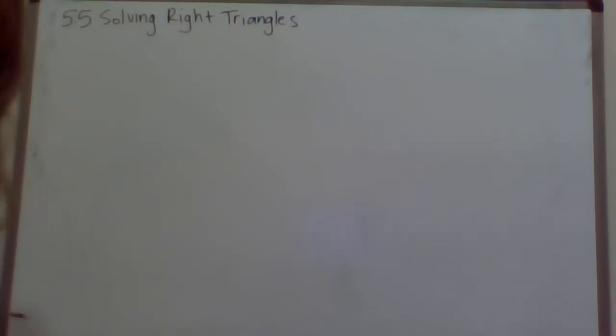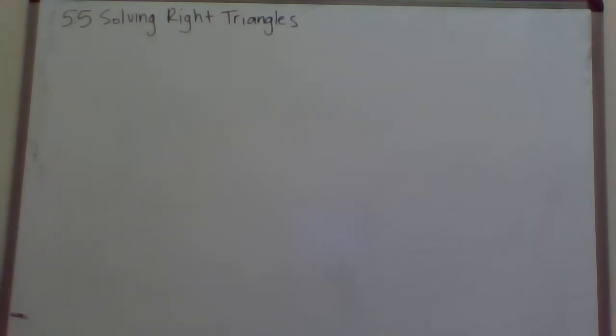Section 5.5 focuses on solving right triangles. Now, we were just doing that. The only difference between pretty much 5.4 and 5.5 is 5.4 focuses on solving strictly for different side lengths, whereas 5.5 also incorporates how we can solve now for the angles of a right triangle, given some information, not just the sides.